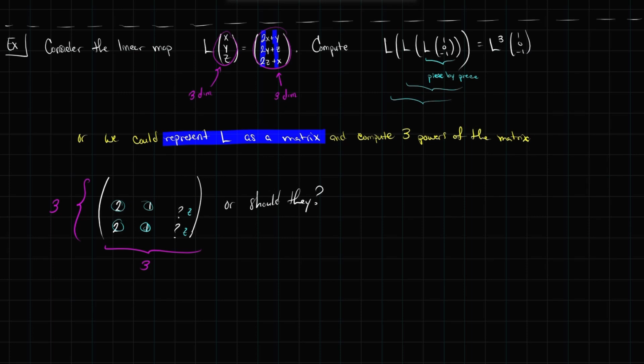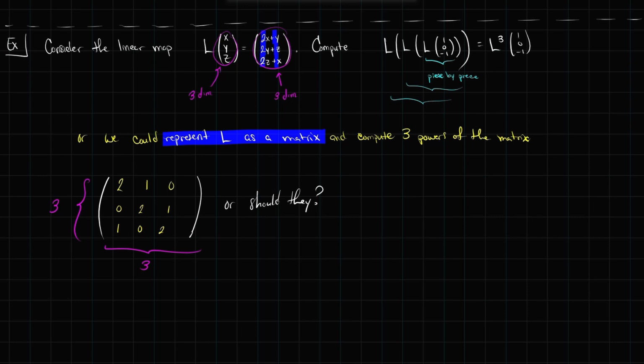So let's rewrite everything in terms of x, y, z, x, y, z, x, y, z, and look at the coefficients up here. The first is 2x plus 1y plus 0z. The second is 2y plus 1z plus 0x, and the third is 1x, 0y, and 2z. At this point, now I have my matrix represented correctly.